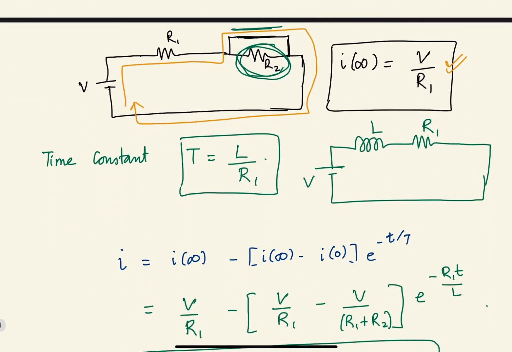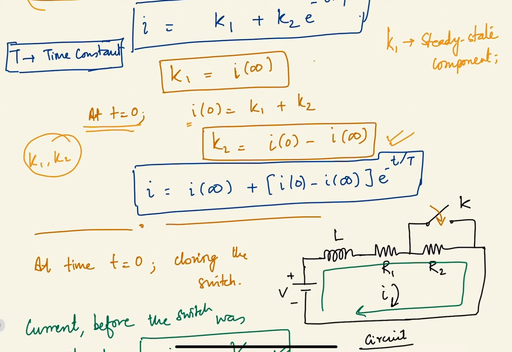Now, these two values are known to us. If you take a look at this equation, the I infinity is known to us, I0 is known to us. What is left for us to find is this time constant T, right?